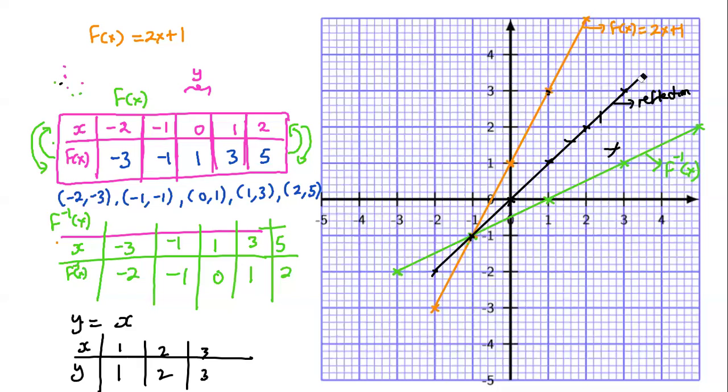So whenever you're finding an inverse, it is a reflection along the line y is equal to x. Always. What I was demonstrating is that when you draw a line, you can surely see that our green line is just a reflection of this line here.